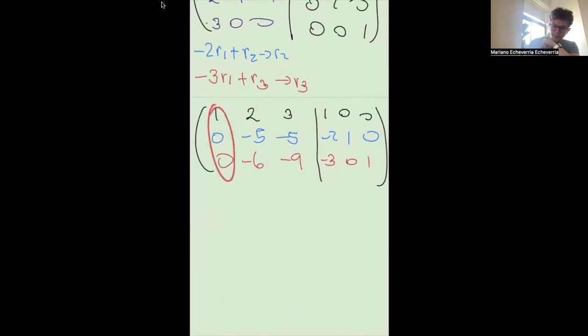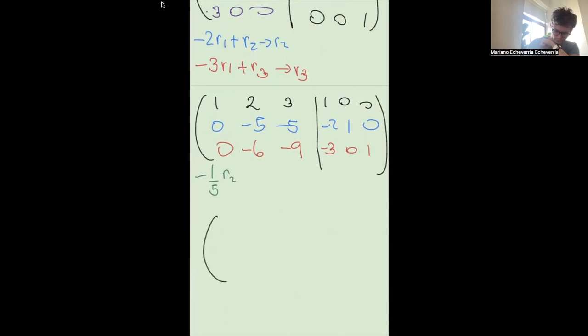And then, okay, column 1 is ready. Go to column 2, put a 1 here. So you can do -1/5 of row 2. And there's nothing that has been affected.